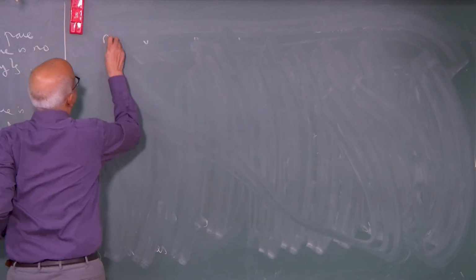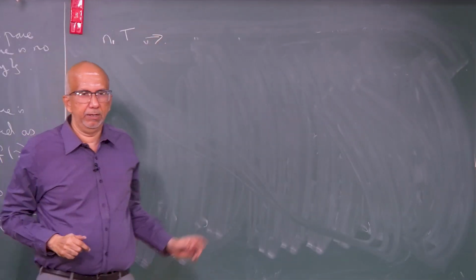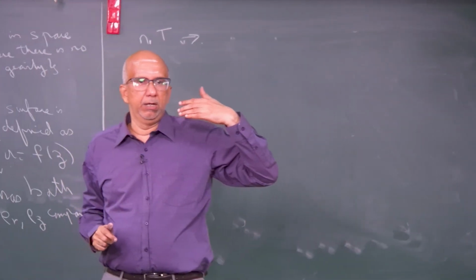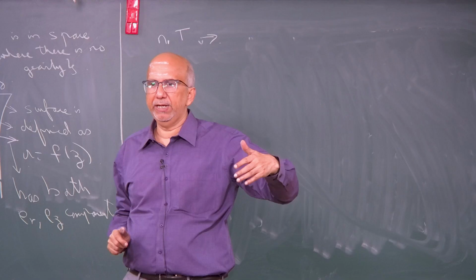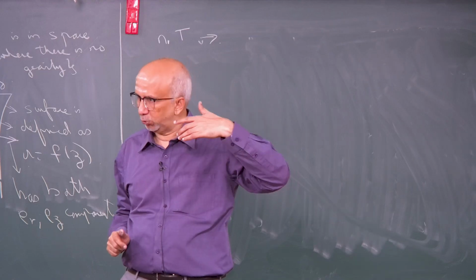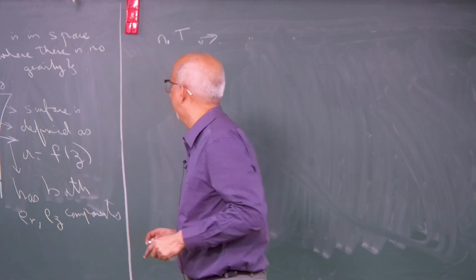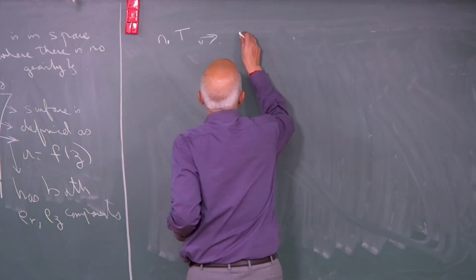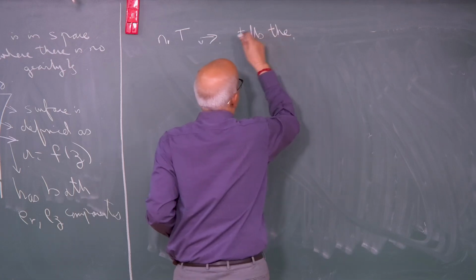So, you have n dot t. What does this tell you? It tells you the stress vector, the force components per unit area which are acting on a surface whose outward normal is in the n direction. That is what we said earlier. Maybe I put tau last time.